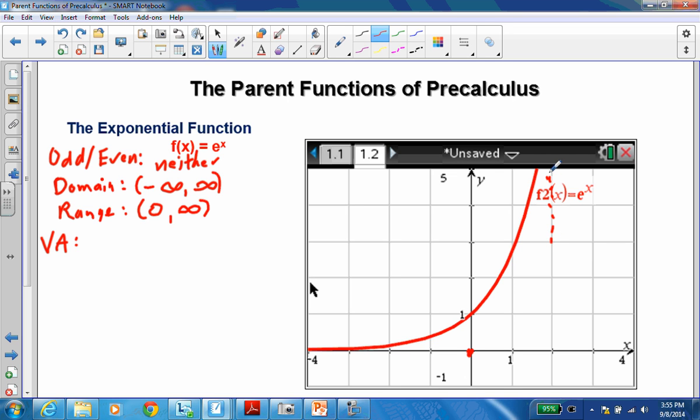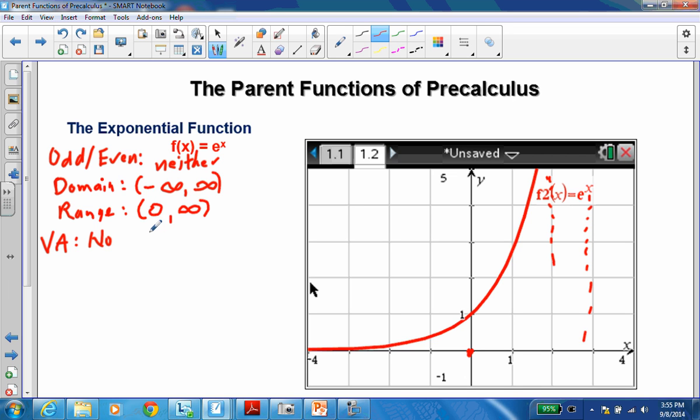No matter where we draw a vertical line, is this function always going to be able to go through that? Yes. So there is no vertical asymptote, because whatever vertical line we draw anywhere, that can be crossed by the function.